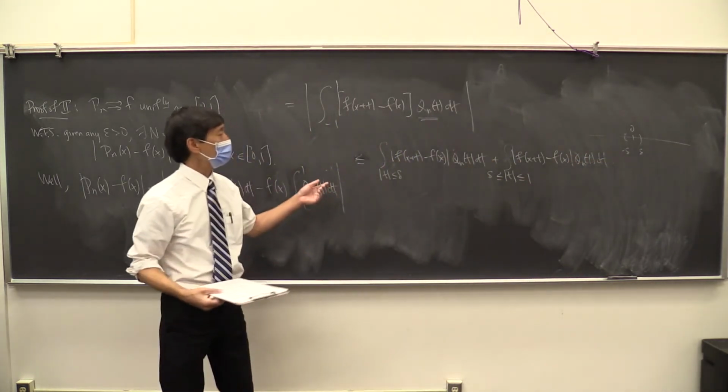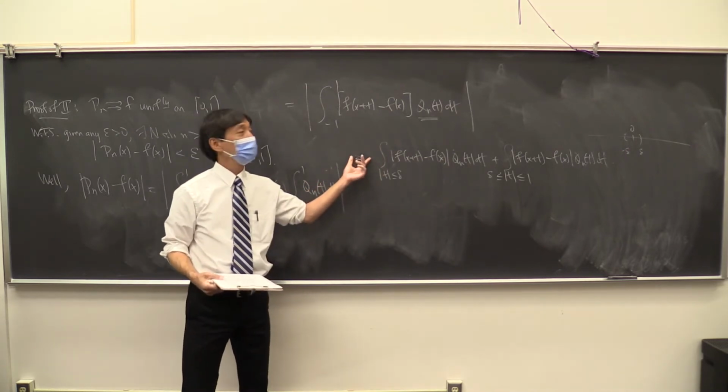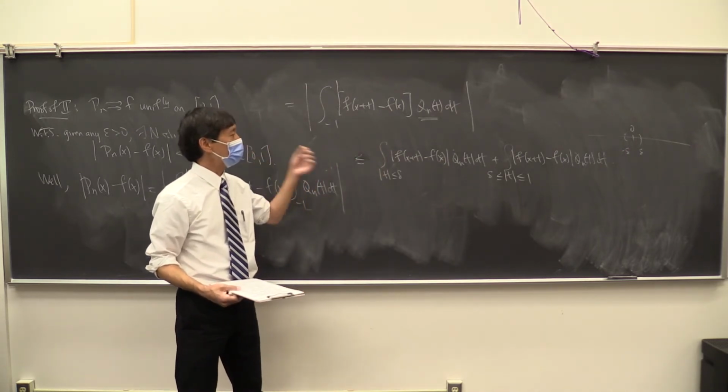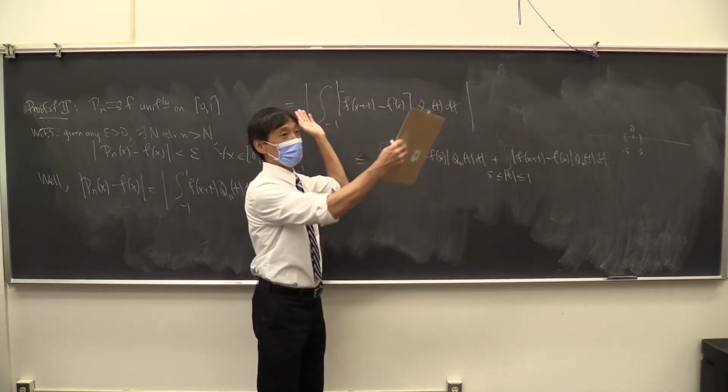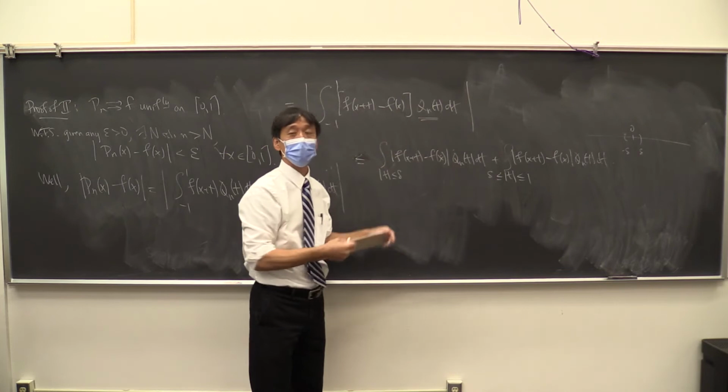We use the triangle inequality, so we break it into 2 parts, and then we move the absolute value inside using the triangle inequality.